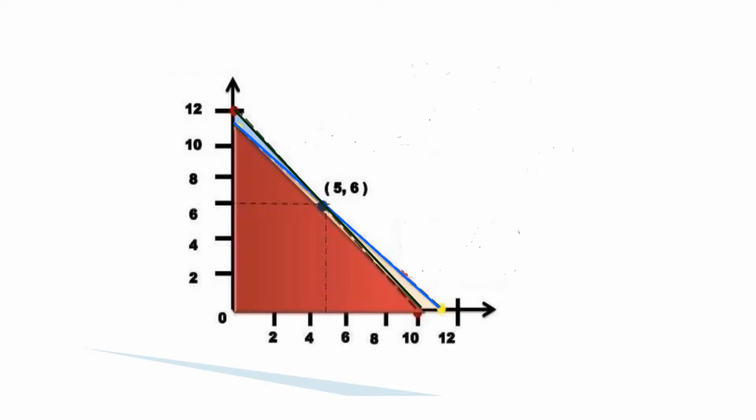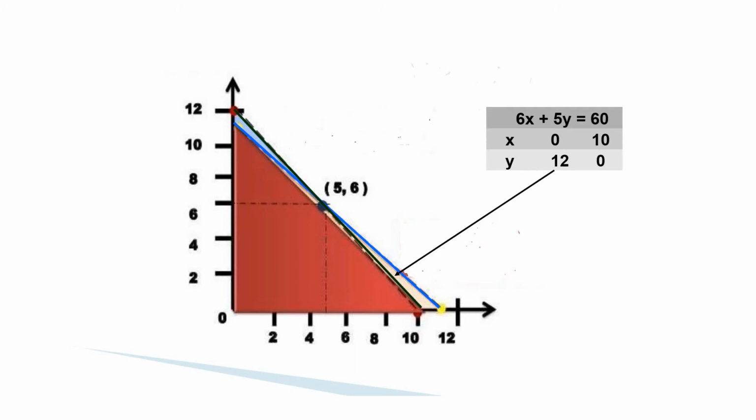So here we have x plus y equal to 11, the line passing through 0, 11 and 11, 0. 6x plus 5y equal to 60 is the line passing through 0, 12 and 10, 0.